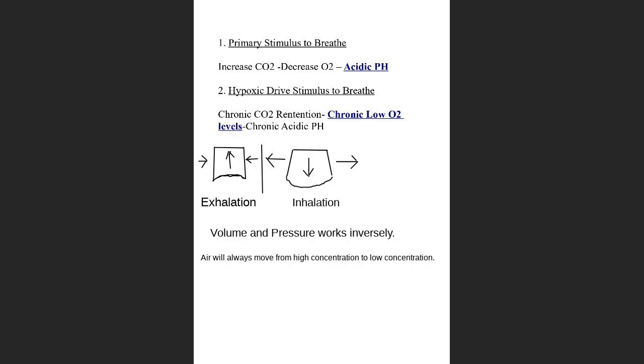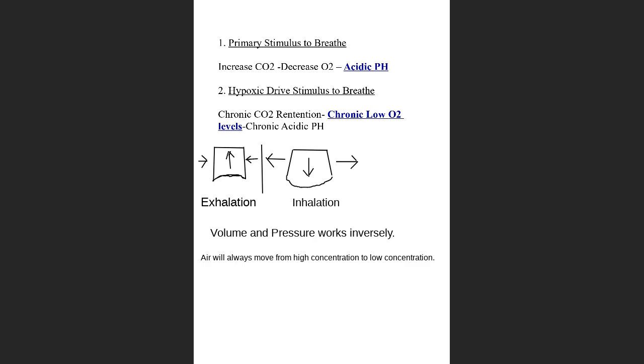The brainstem picks up the change in the pH as a result of the increased CO2 in the body, and then a stimulus to breathe will be created.